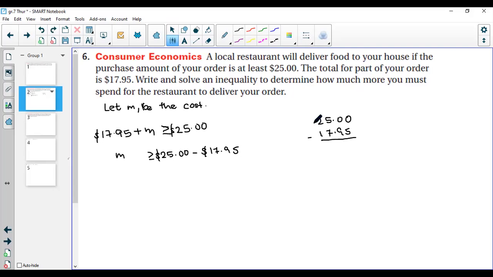So this is going to be 10 and 9, this is going to be 30, right? This is going to be 5, 0, and 7. So M should be, that is, you need to order for at least $7.05 or more than that. So that's what this inequality says. You need to order for at least $7.05 or more than that.